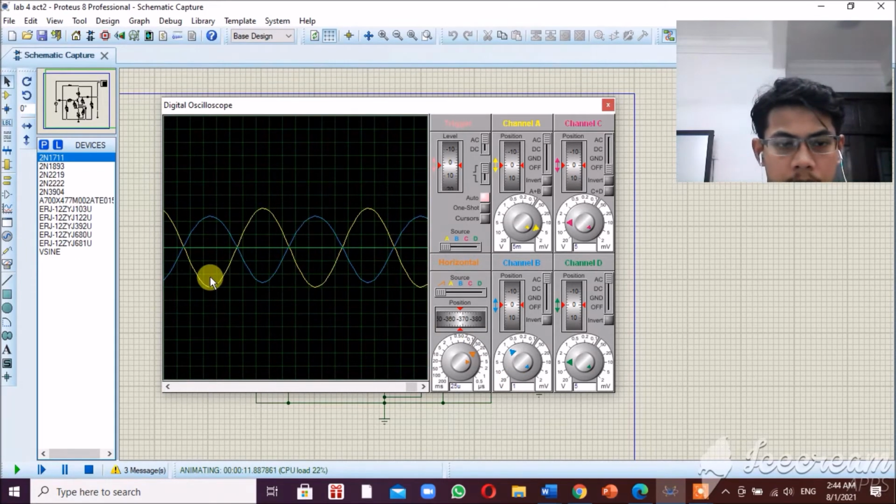And the result I got is the expected result, because our V in and V output have a 180 degree phase shift.